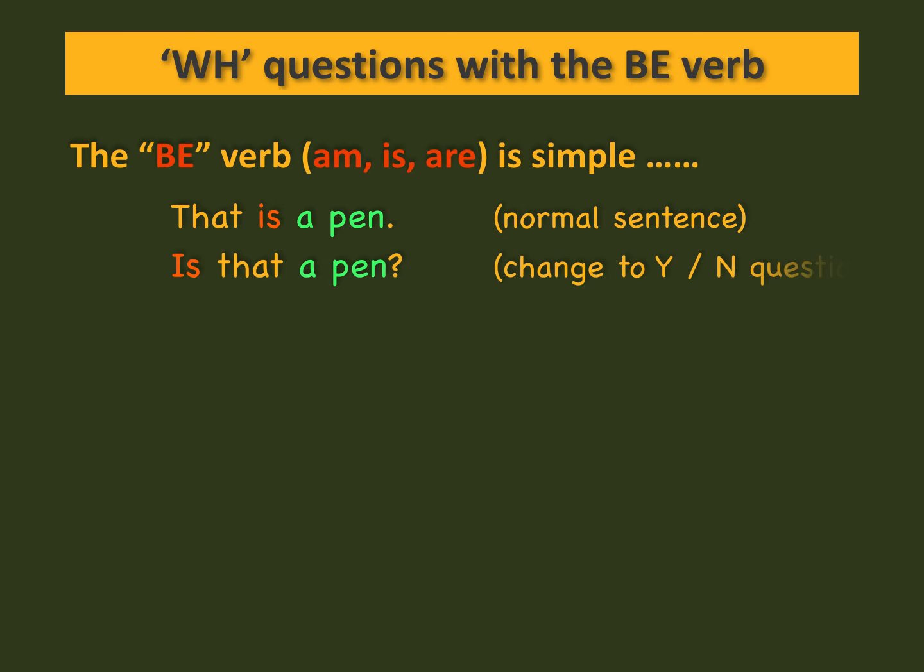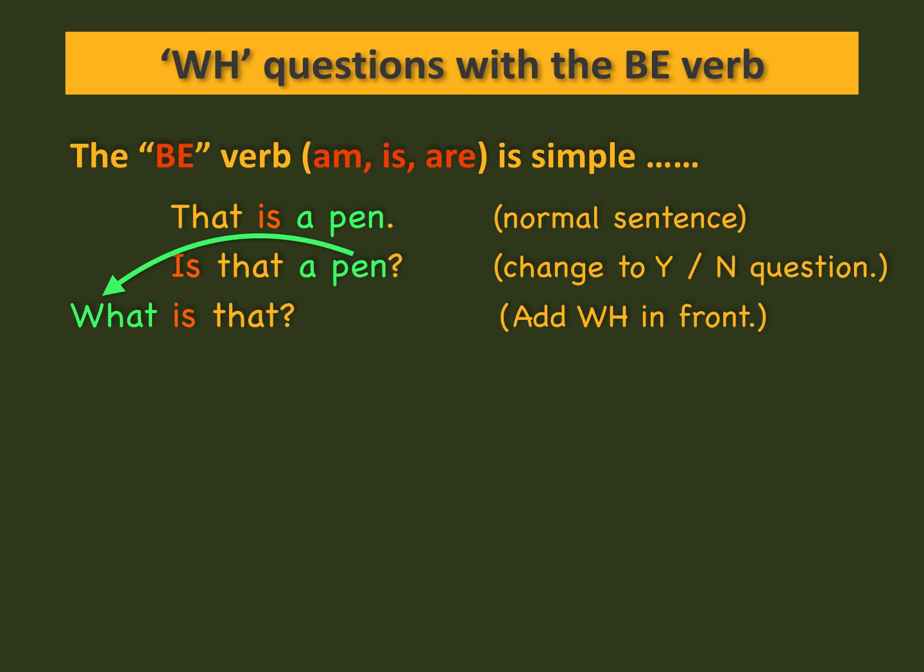In this case, the topic is a pen. And this topic becomes the WH word, what. And that goes before the be verb. Here's the pattern. WH plus be verb plus subject. What is that?